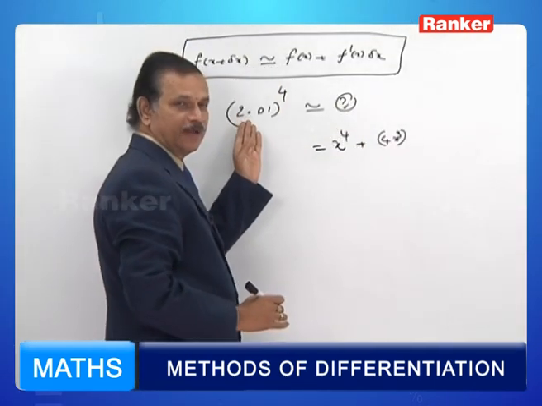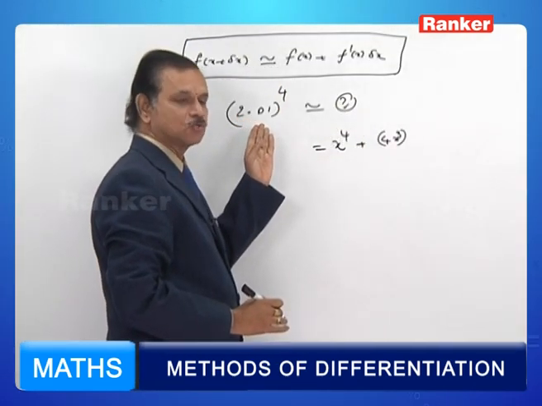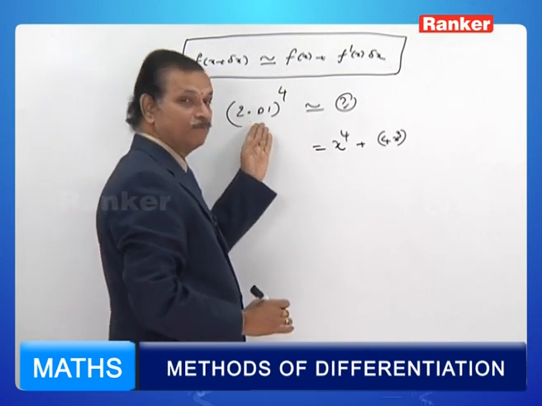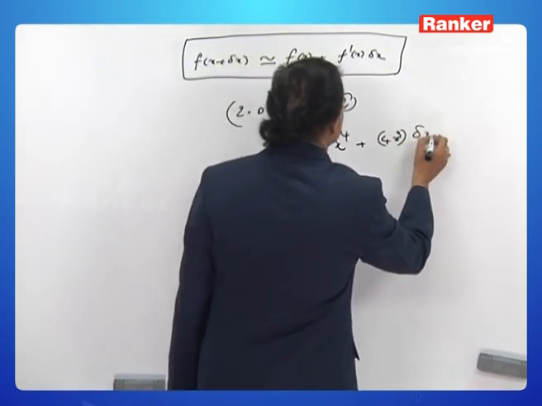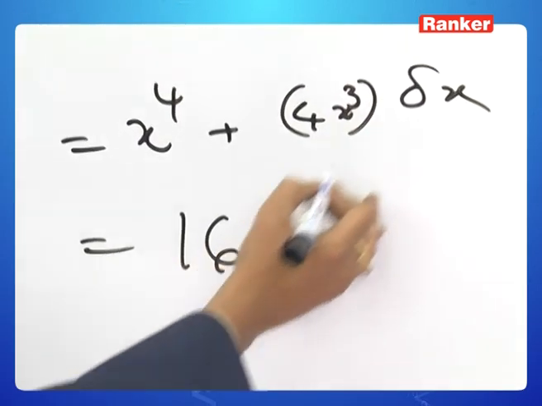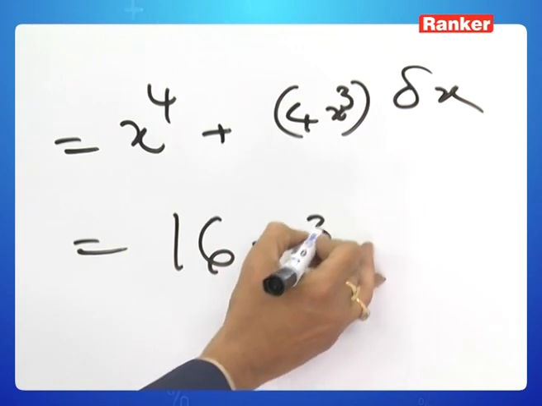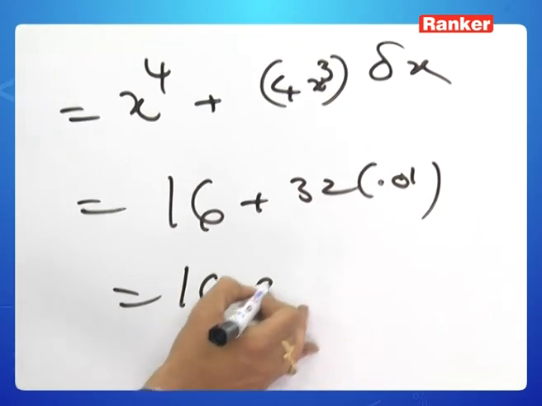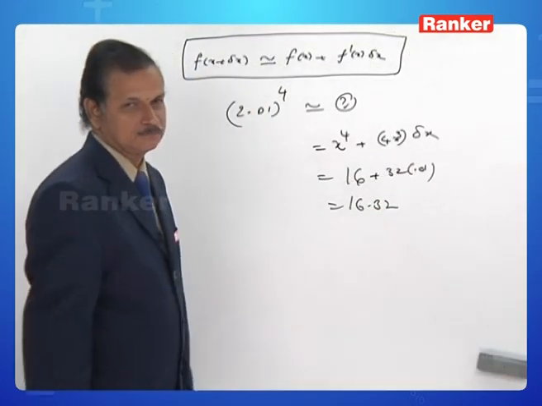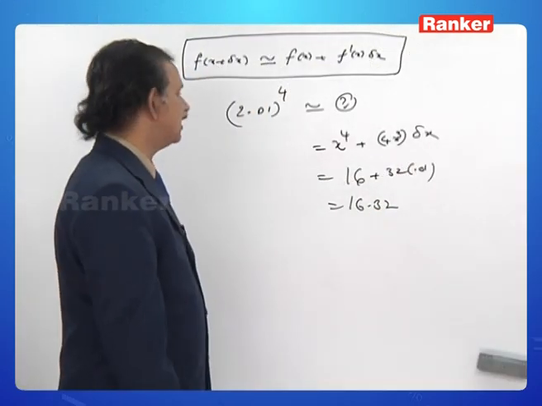If it is 2, we know that. So in the place of x, we replace 2. It is 0.01 more than that. So delta x is 0.01. 2 power 4 is 16. 2 cube is 8. 8 4s are 32. 32 into 0.01 is nothing but 16.32. Like that, you will be able to have the answer.